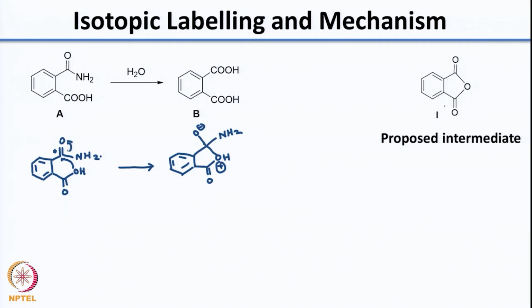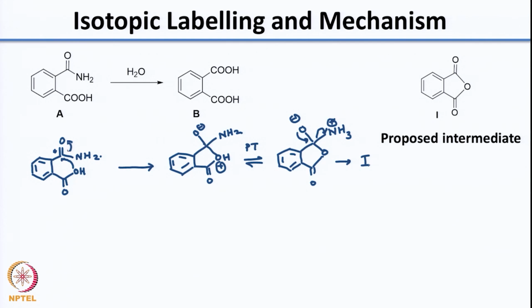So, after a proton transfer you will generate a species where you have, then you have, to give you the intermediate I. Now, the intermediate I is symmetric.